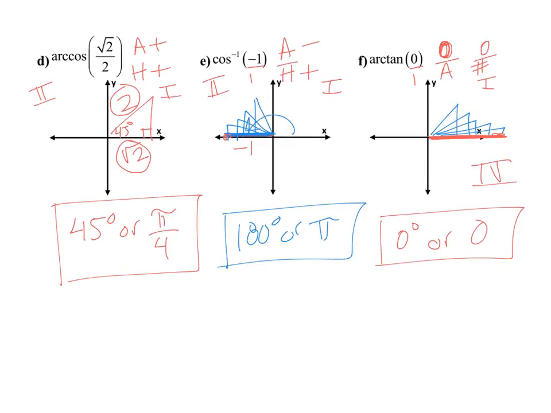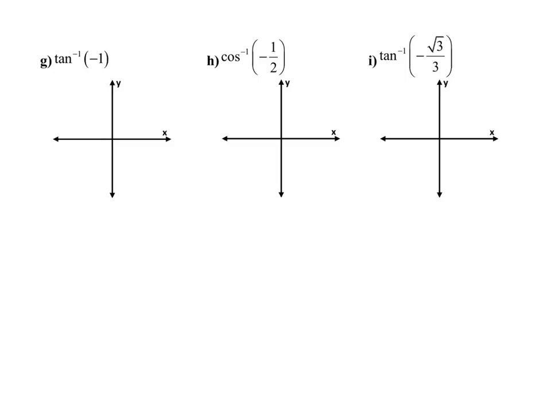Let's do a couple more examples. Inverse tangent, -1 over 1. Here you have opposite over adjacent. Since you're only working in quadrants 1 and 4 with tangent, your adjacent has to be positive, because this is your adjacent. It has to be positive when you're in quadrants 1 and 4.